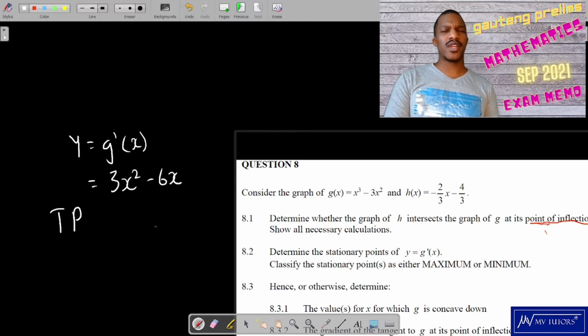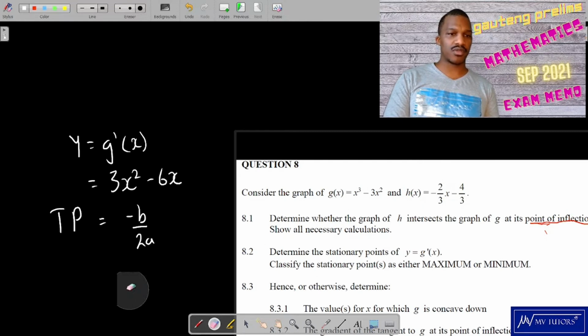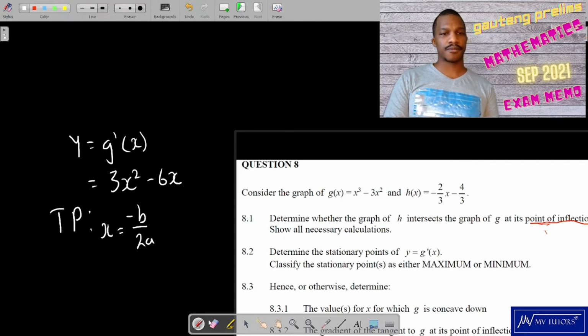Now there are many ways to solve a turning point, but the easiest way I find is using this equation. This gives you the x value, only the x value. Let me say the turning point x value is equal to that.